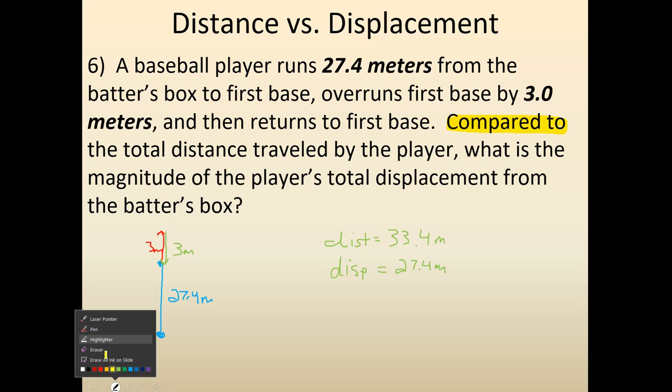One thing I can say is that the displacement is lower, so it's shorter, and then I can go one step further and figure out how much shorter it is. I take the difference, and that's 6 meters. So I could say shorter by 6 meters, or 6 meters shorter. And that's pretty much it.